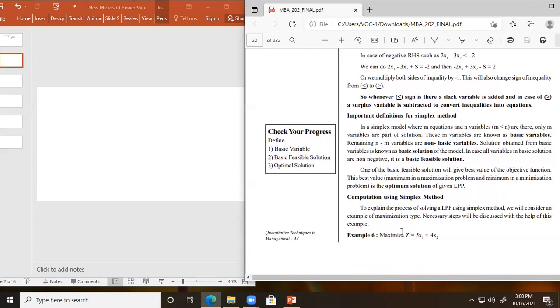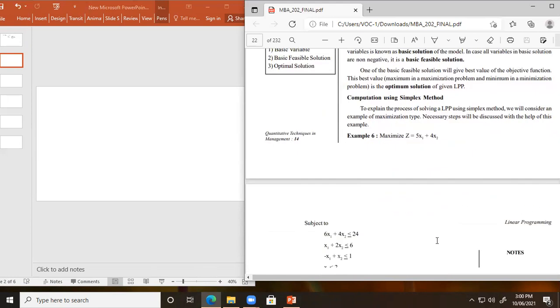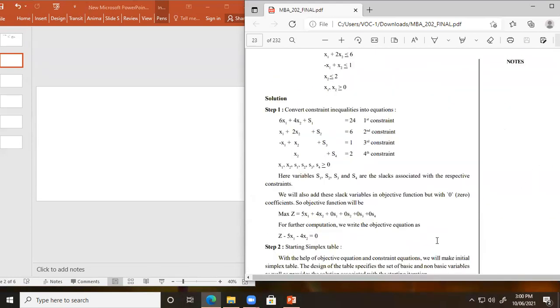So, computation using the simplex method. To explain the process of solving an LPP using the simplex method, we will consider an example of maximization type. Here are the different steps to conduct. First, convert the constraint inequalities into equations: 6x1 plus 4x2 plus s1 equals 24.